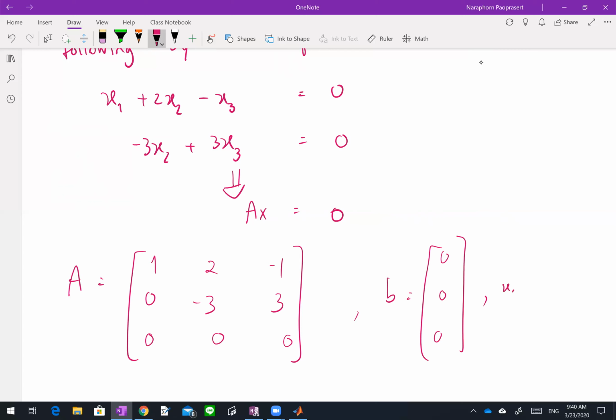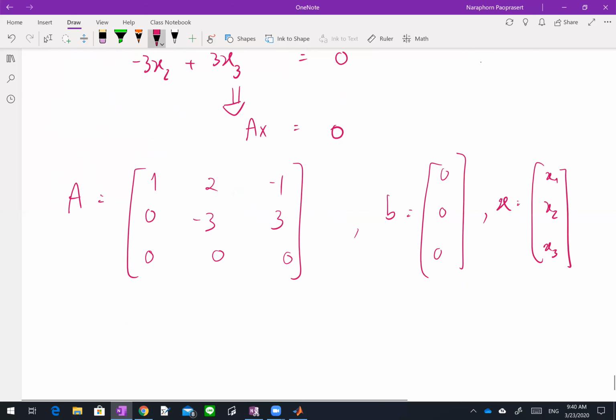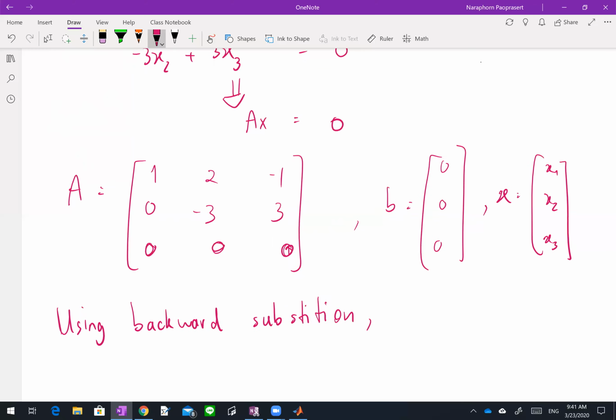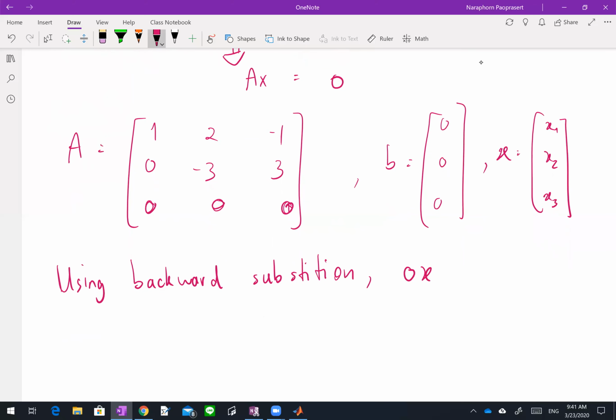And you also have x to be just x1, x2, and x3. In this case, using backward substitution that we've learned before the midterm, from the last equation, you have 0x3 equals 0.